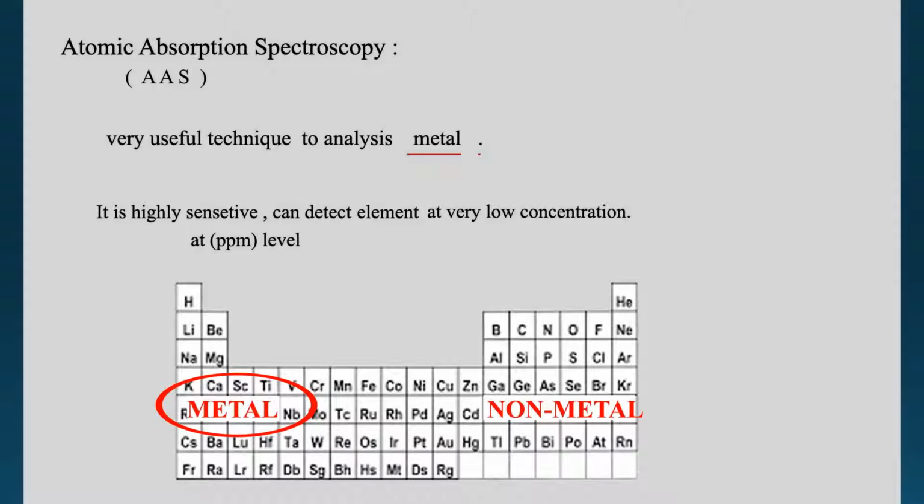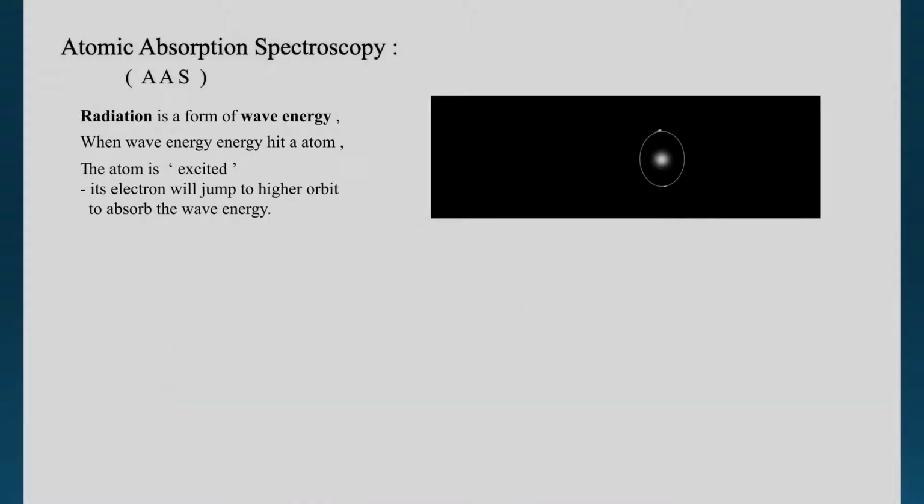Student, please pay attention. AAS is to test metal, not the non-metal. The word AAS, Atomic Absorption Spectroscopy, means the atom will absorb a spectrum, a wave frequency.